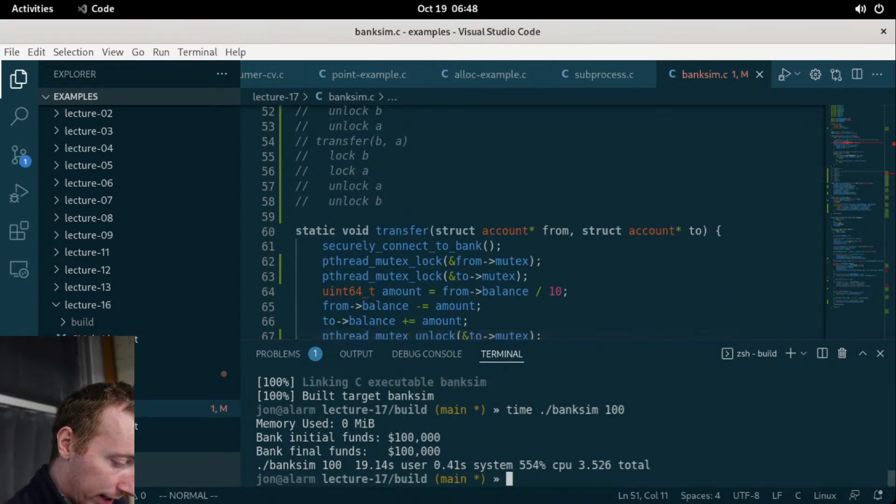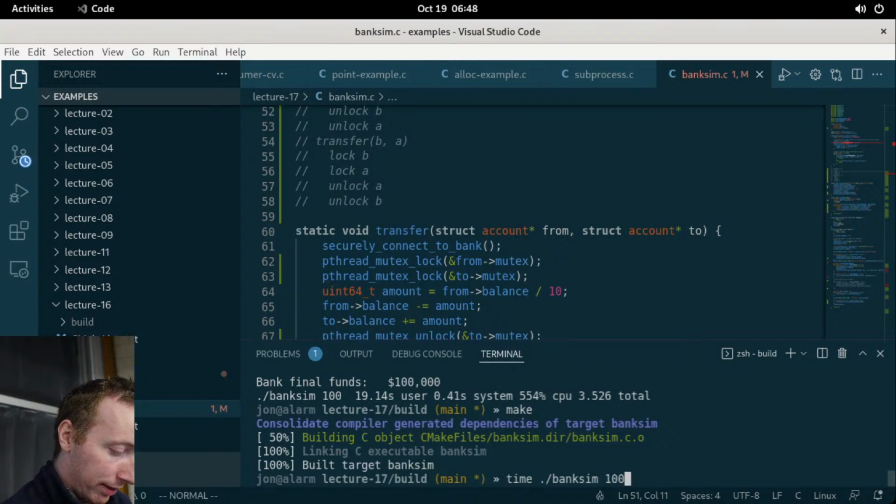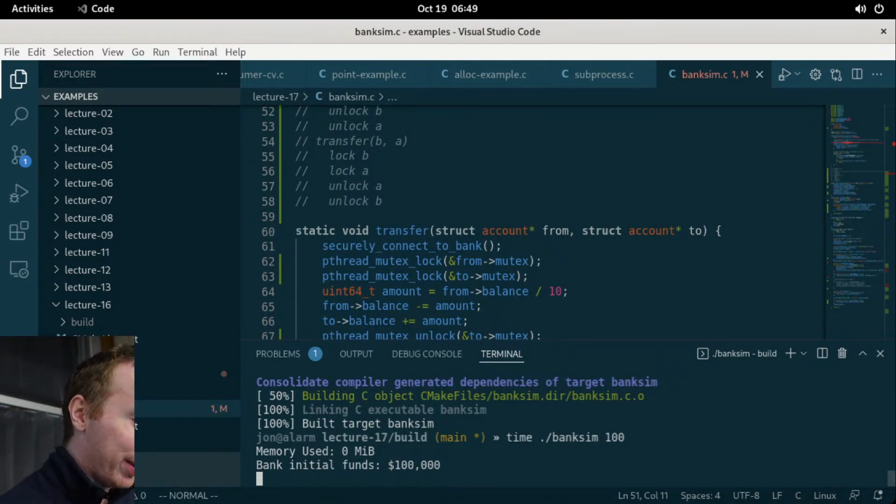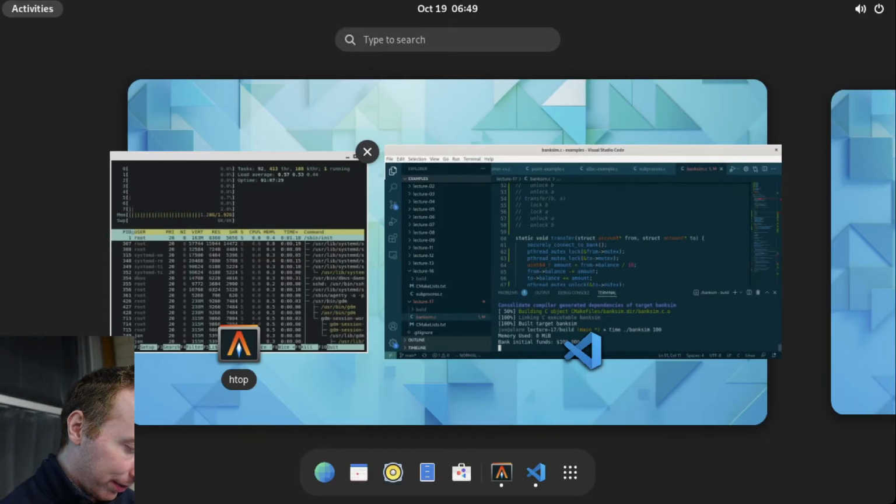And to illustrate that, I'll just compile this, and if I run this, we should just sit here essentially forever. So let's let it time out. Okay, that's long enough. We can be reasonably confident it deadlocked.